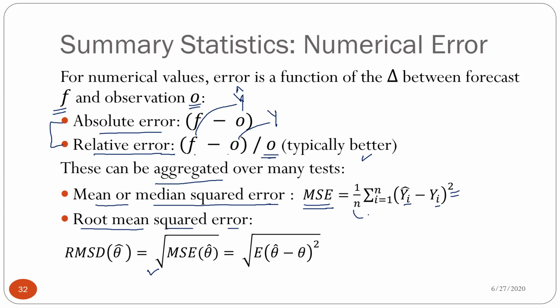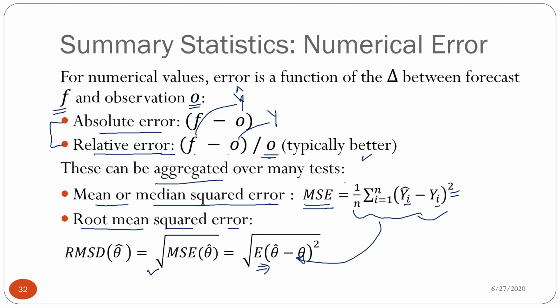We can write this expression another way as well, where we use theta predicted minus theta, which I believe is the vector notation for this individual difference. In place of this, you can use the notation expectation of theta predicted minus theta, square root of that. This I believe is a vector notation, but it means the same thing.